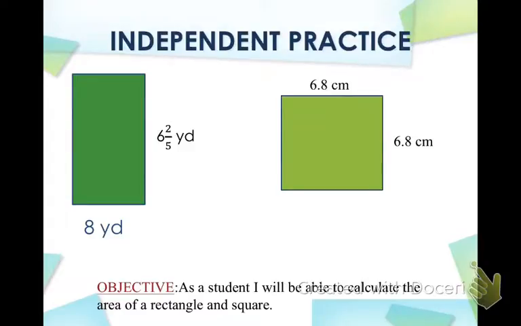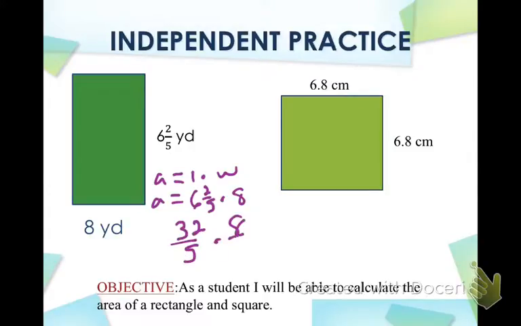Okay, you should be able to do this one real quick. Here we go. The first one, you should have put area equals length times width. Area equals 6 and 2/5 times 8. If you would have changed those to improper fractions, you would have gotten 32 over 5 times 8 over 1.